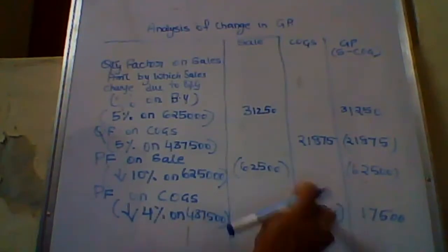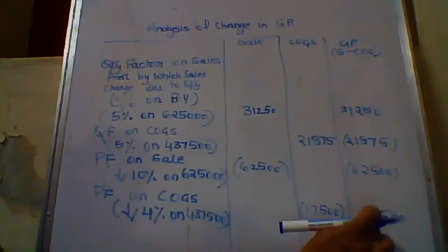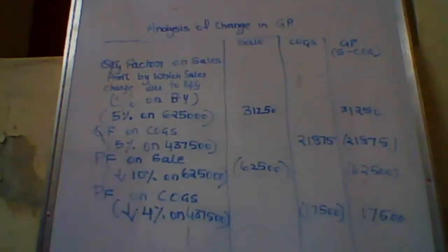Minus of minus will become plus, so in your gross profit column you write plus 17,500.